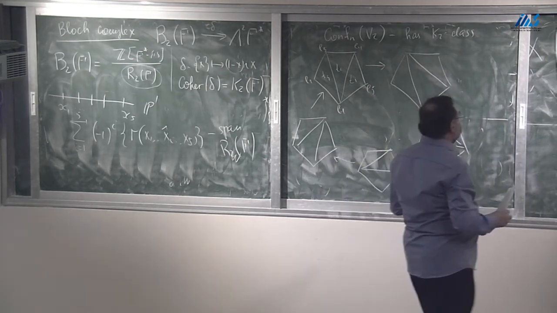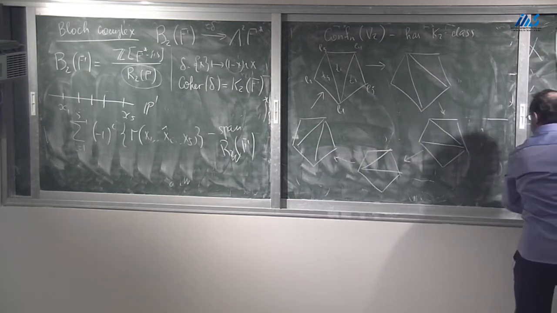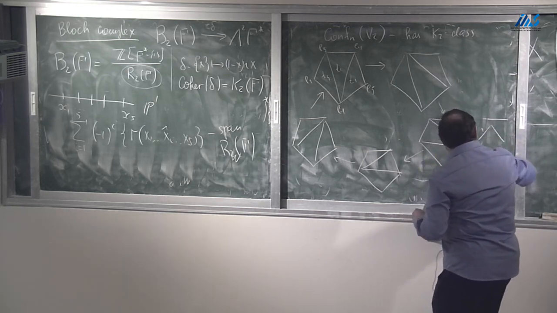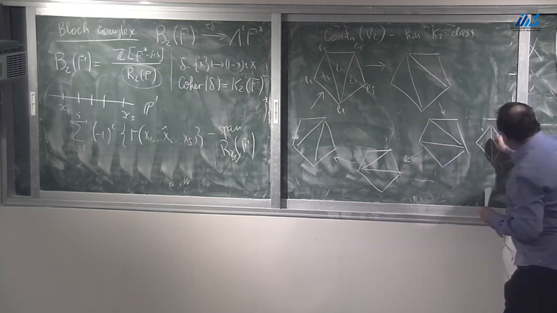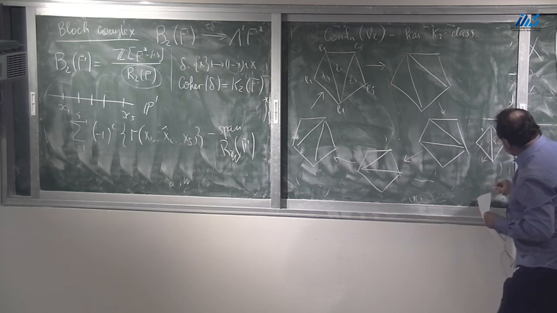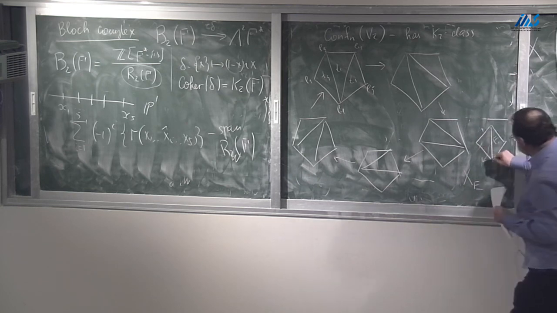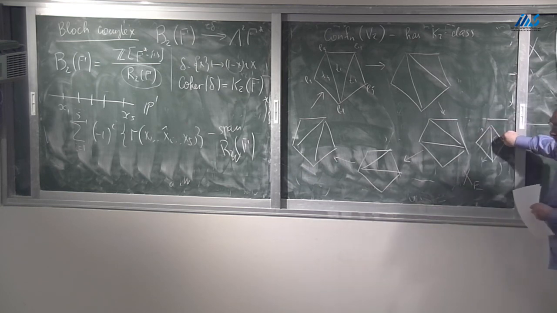This blackboard is a little small. So if I have some polygon in my picture with diagonal E, then I can associate to this a cross ratio, which I will call x sub E, which is the cross ratio of these vectors, this, and this, and this. Okay?